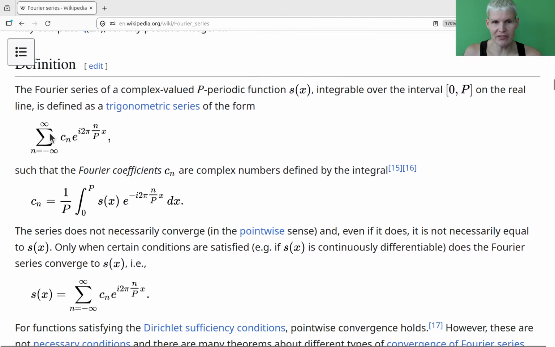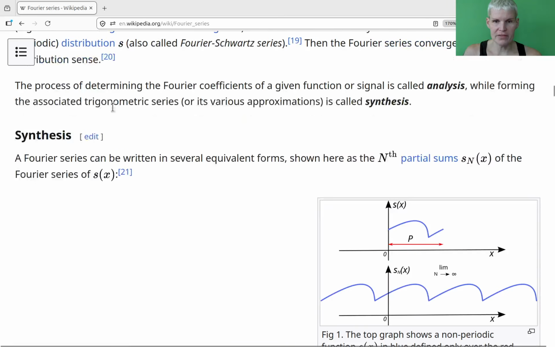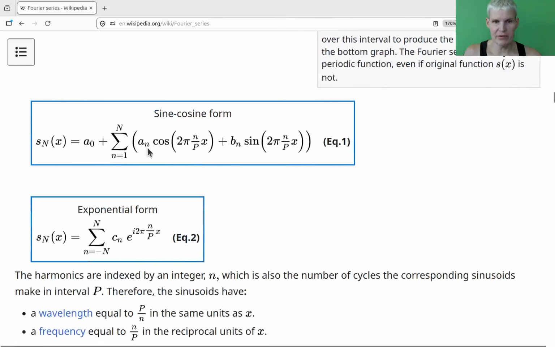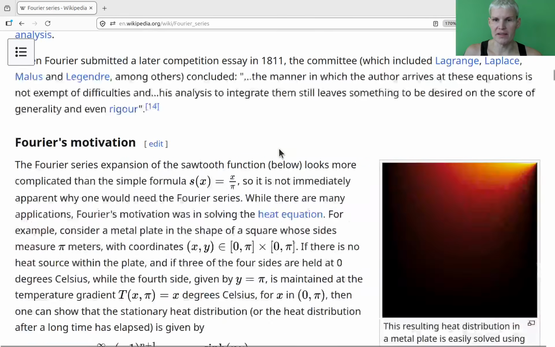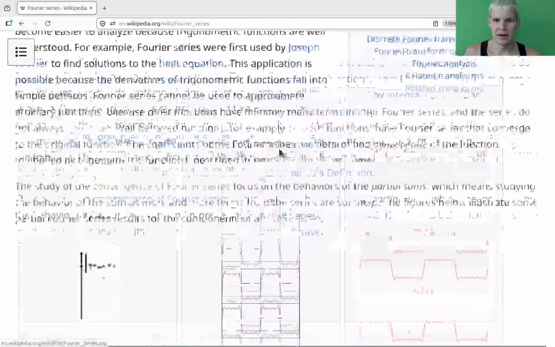Essentially every function can be represented as some fundamental frequencies, e to the i pi, whatever. This is on the circle. Maybe you have seen it in the sine cosine form. So every function essentially can be represented as a sum of sines and cosines. That's literally what's going on up here, right?